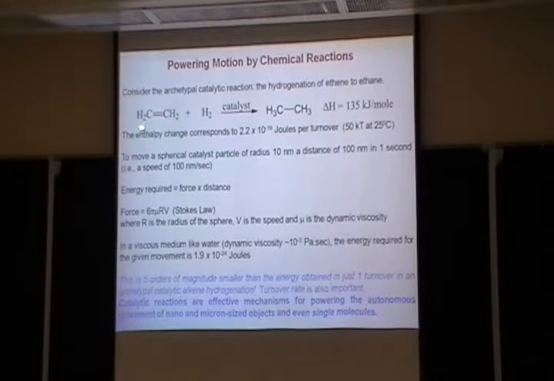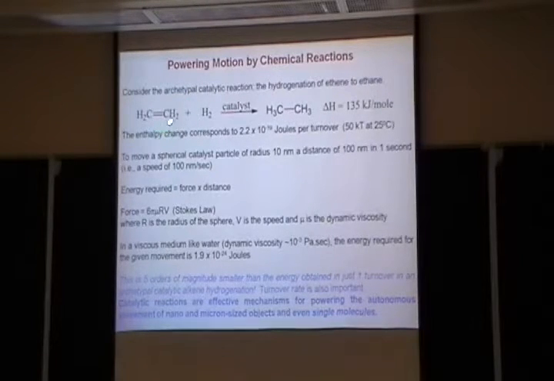More often than not, they'll just say hydrogenation of ethylene to ethane. Right? It's really a simple reaction. You can think of other ones, hydrogen and oxygen to water or what have you. I just took one example. And the amount of energy that's released in this is about 135 kilojoules per mole.